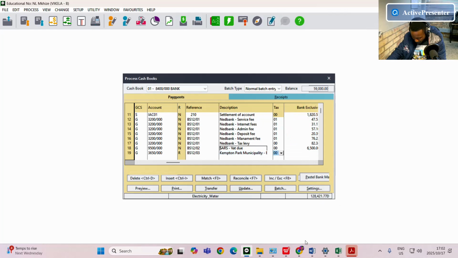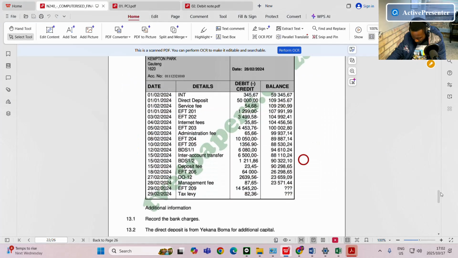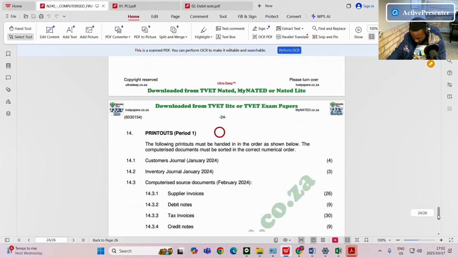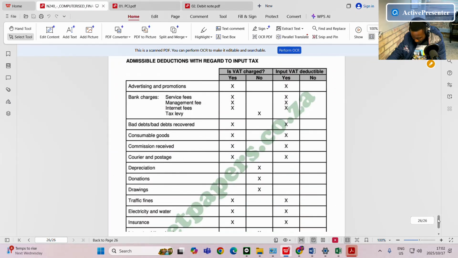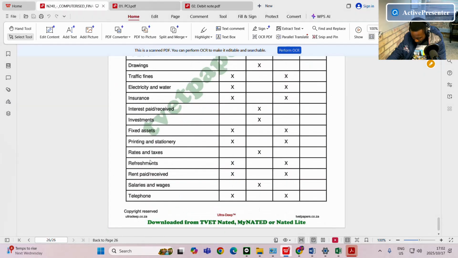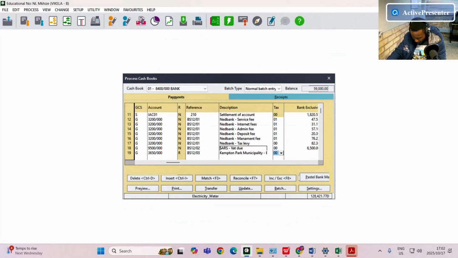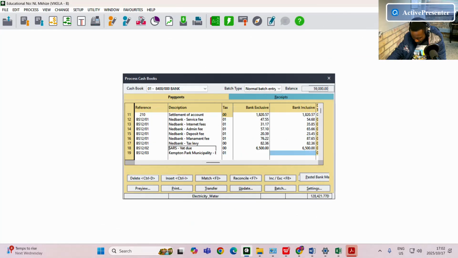Yes, VAT is involved, but we can confirm for electricity and water. It is charged at standard rate. 1, enter. So we then put the amount, which is 2,639.56.